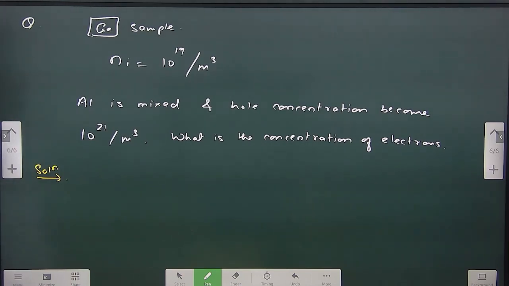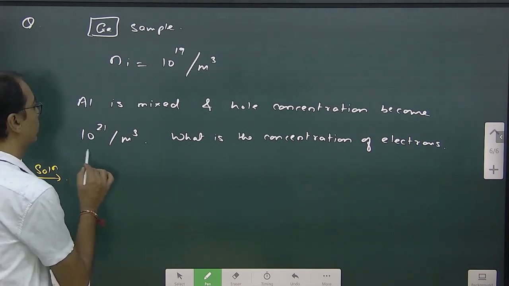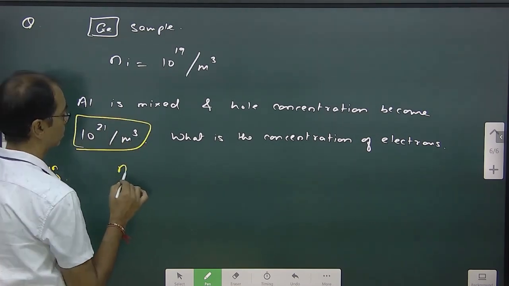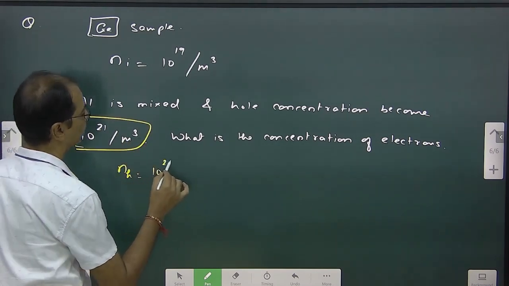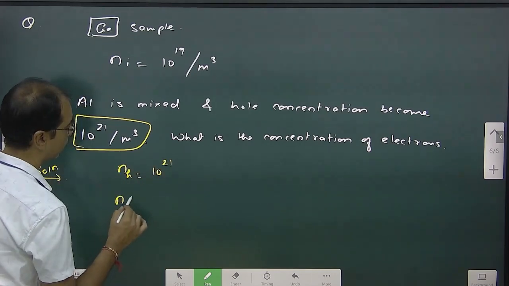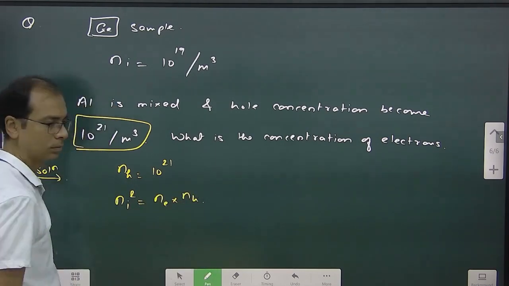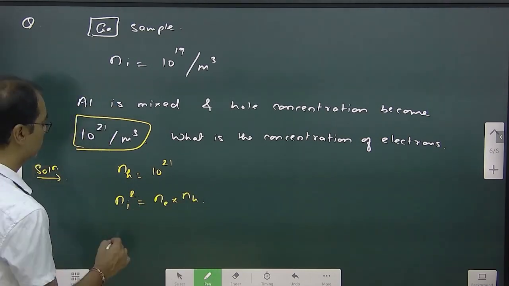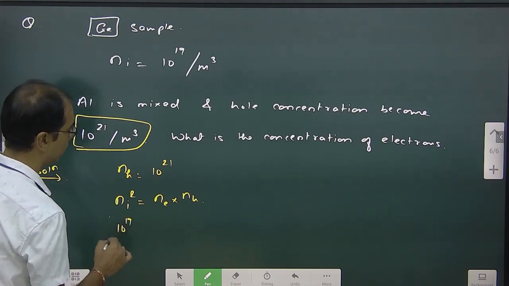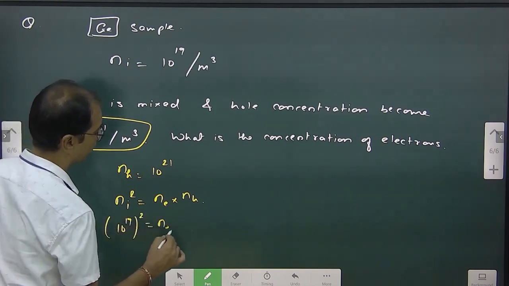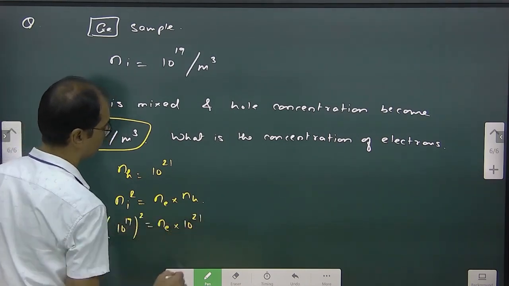Yes, students, what is the answer? The number of holes is given, 10 to the power 21. And what is the formula we have? Ni square equals Ne into Nh. Ni is 10 to the power 19, so 10 to the power 19 squared, which is 10 to the power 38. Ne we are finding, and Nh is 10 to the power 21.